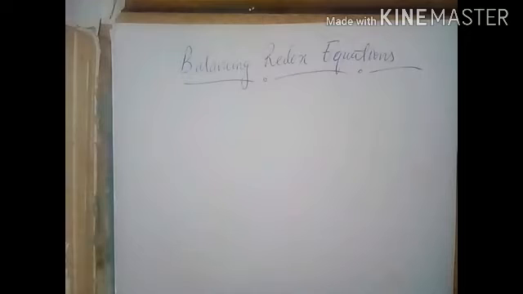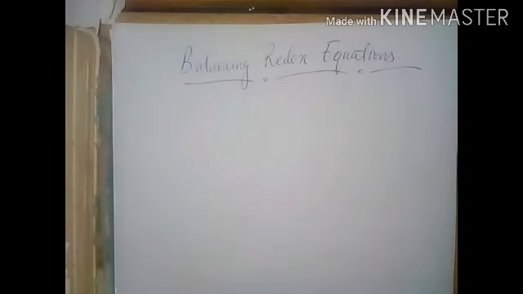Since there are three media in which a reaction could take place, which are the neutral, the acidic, or the basic, each medium has its own way in which the equation is balanced.